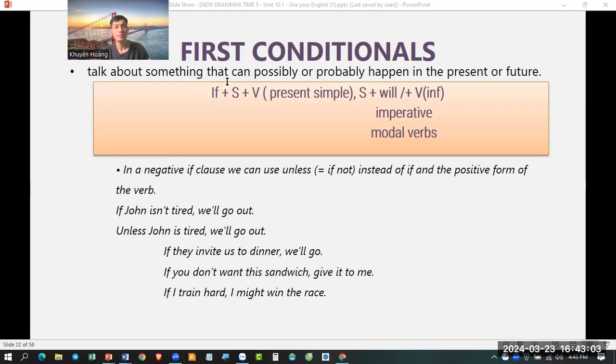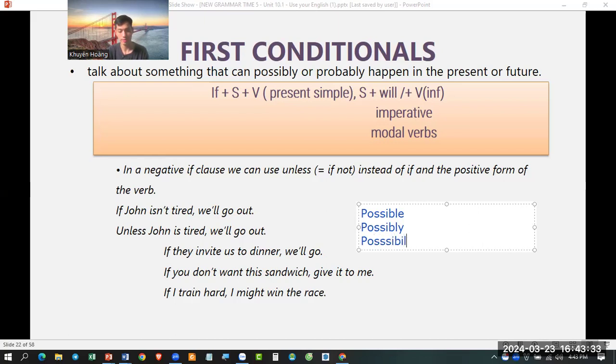We change the types of words by the ending. Possible is the adjective. Possibly is the adverb, and possibility is the noun.